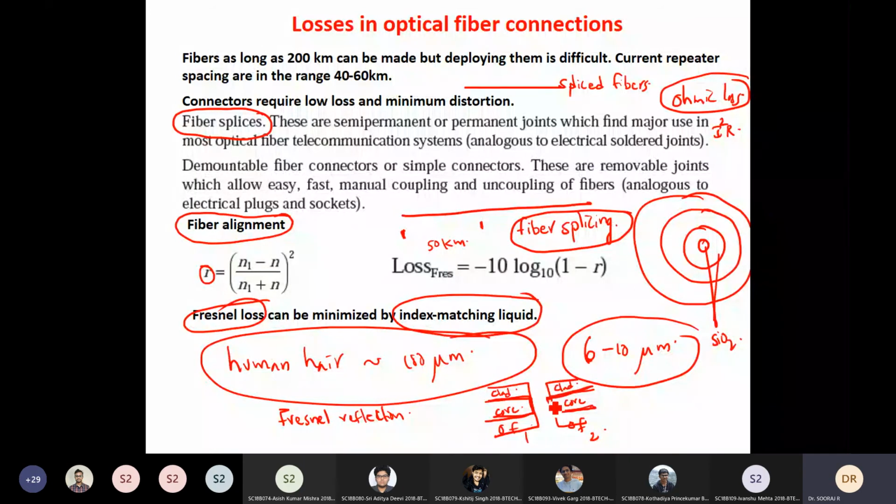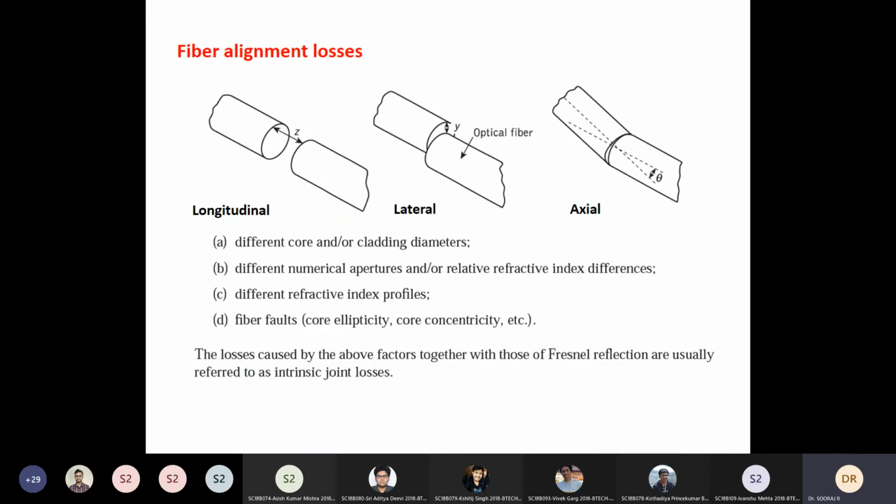You fill it with a liquid whose refractive index is somewhere close to these two refractive indices, so that the Fresnel loss can be minimized. So you will have to take care of alignment, and also ensure that the refractive index mismatch between these two optical fibers is minimum. We'll see more details about the fiber alignment. Let's say that I'm trying to join two optical fibers, or align two optical fibers.